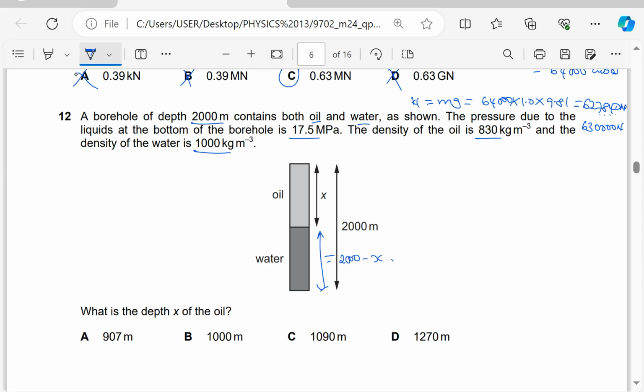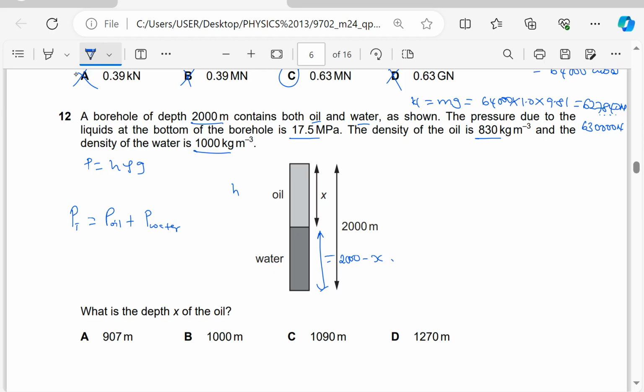So the pressure of the oil here is going to be the density, h, of the oil. Of course, pressure due to a liquid is equal to h, density, times g. So total pressure is going to be pressure due to the oil plus pressure due to the water.